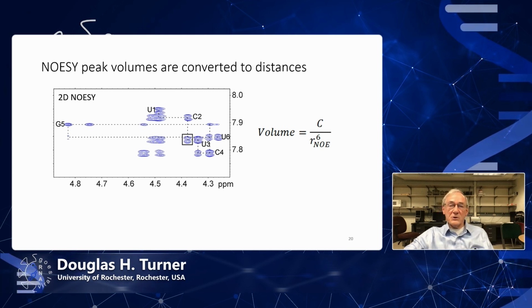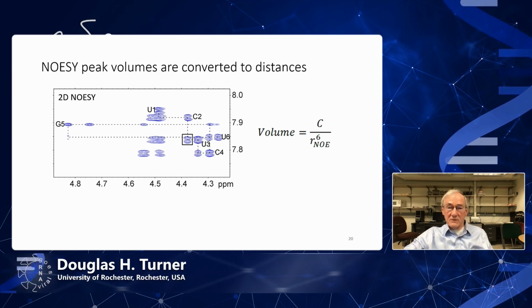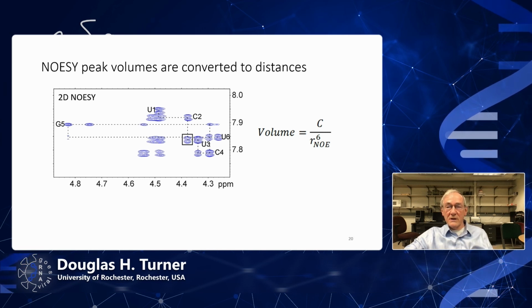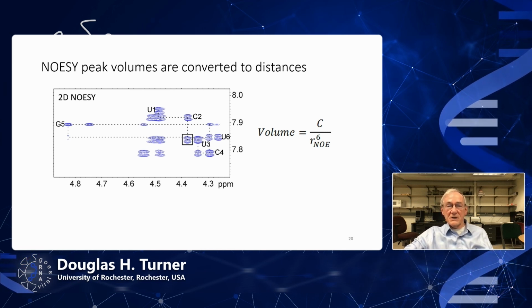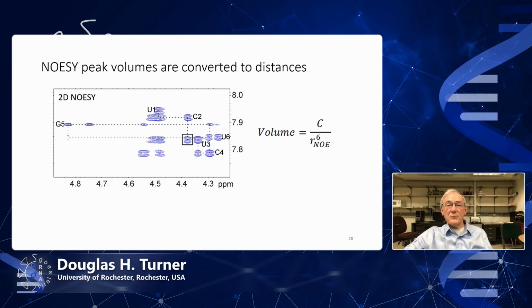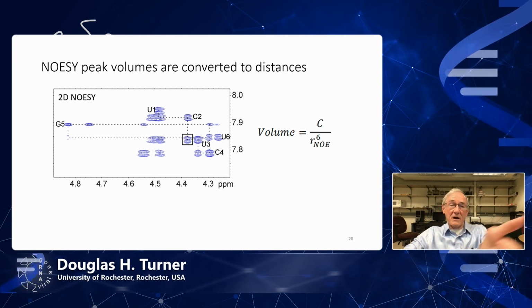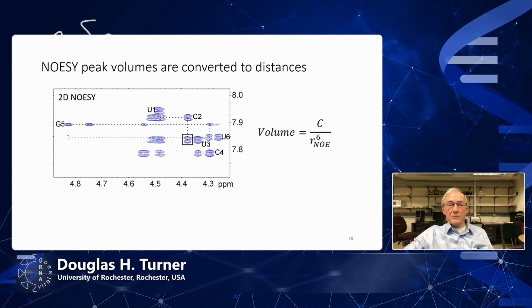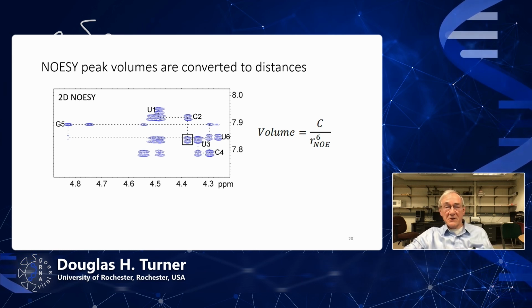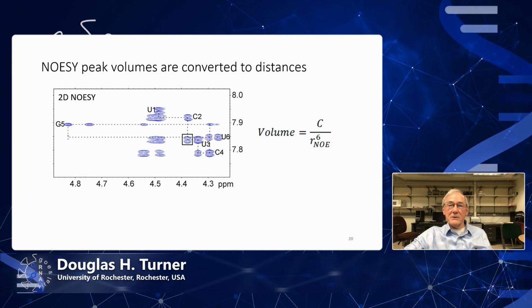What you do is measure the volume of those mountains, and that tells you, from the equation on the right-hand side, what the distance is between those particular protons. And to do that, you have to assign each of these mountains to particular protons. And that's what Scott is an expert at doing.